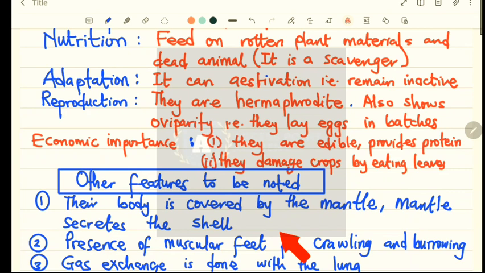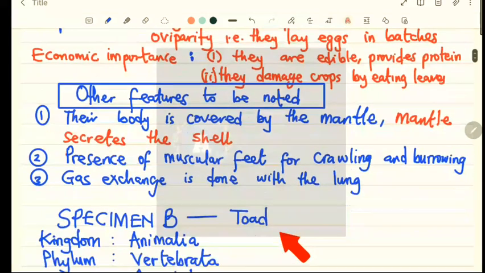So what other features should we know about the land snail for the exam? We should know that their body is covered by mantle. The mantle is the substance that actually secretes the shell.